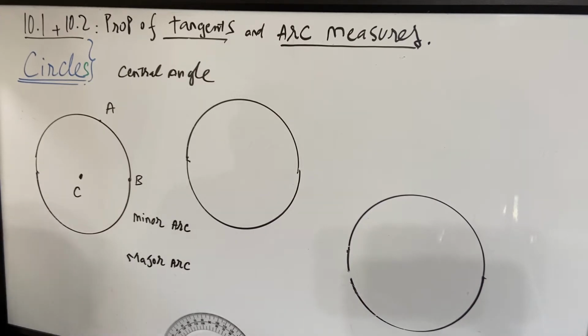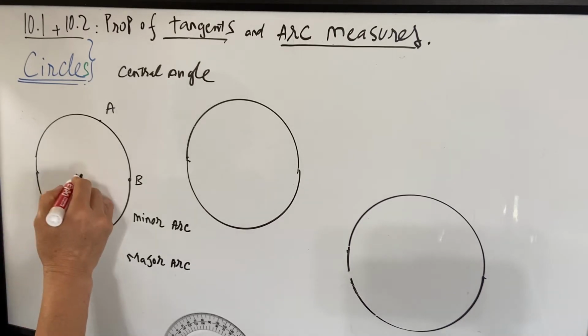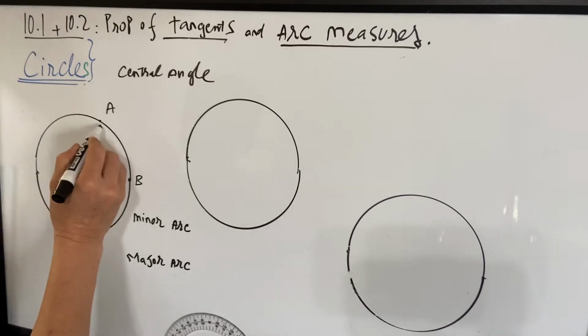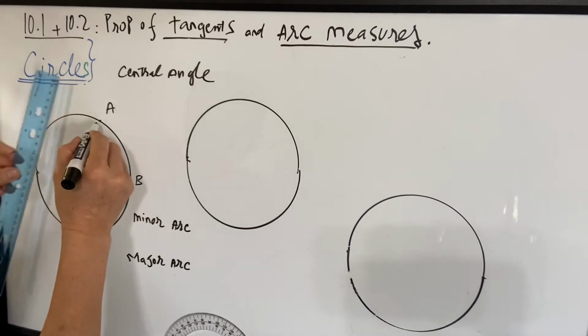That's by definition. I repeat, a central angle of a circle is an angle whose vertex is the center of the circle.